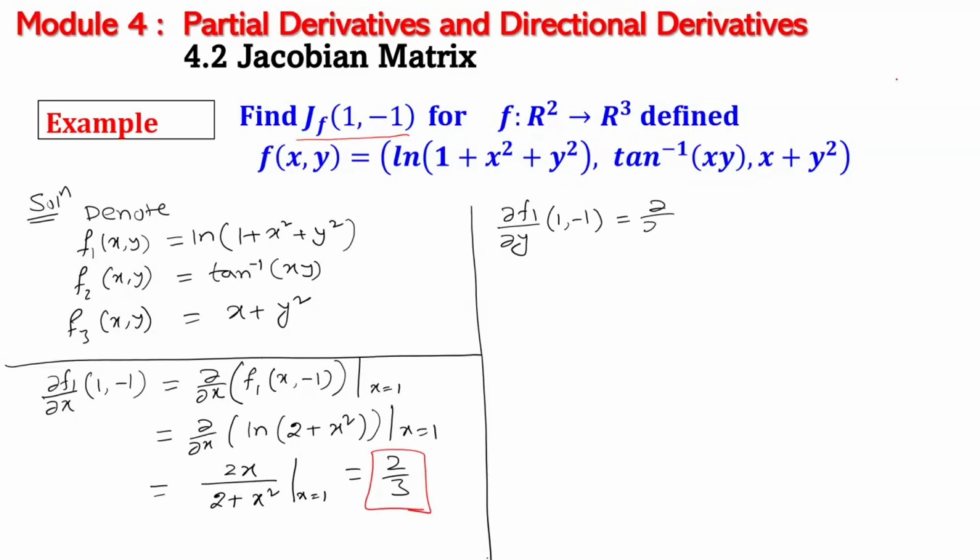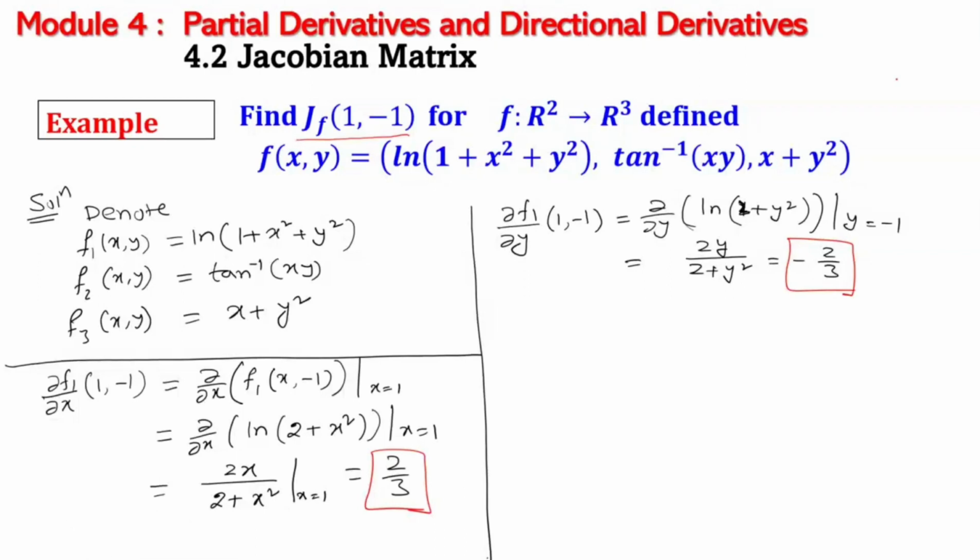So this is equal to 2y over (2 + y^2), which is -2 over 3. So our next entry is -2 over 3.